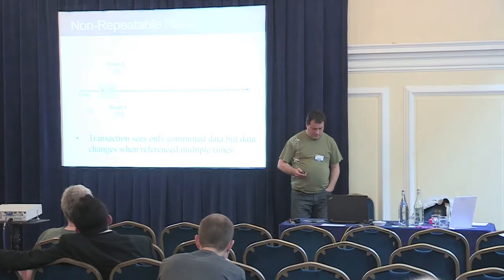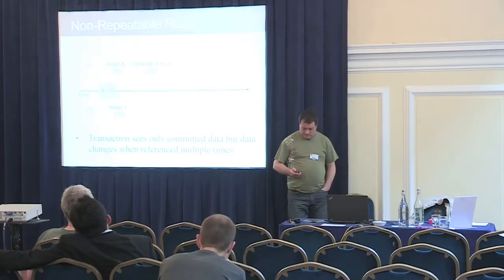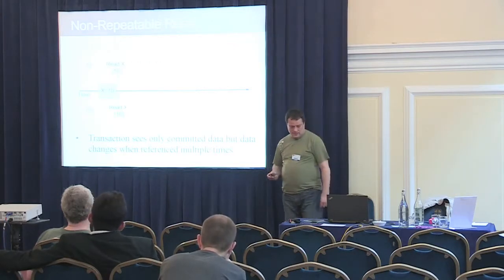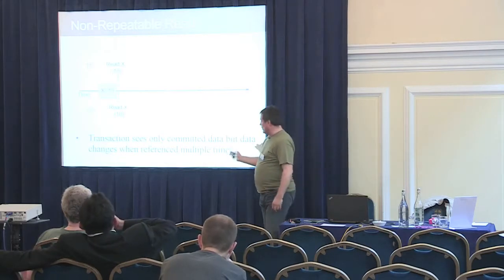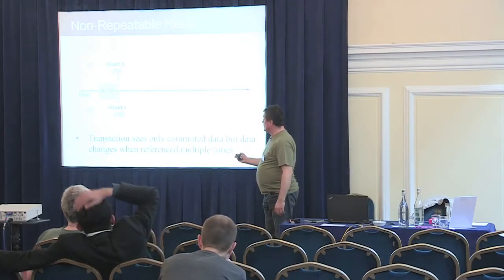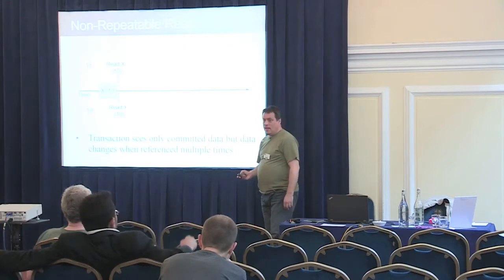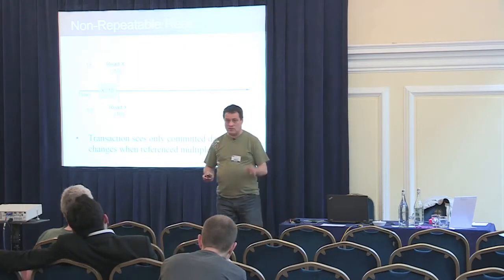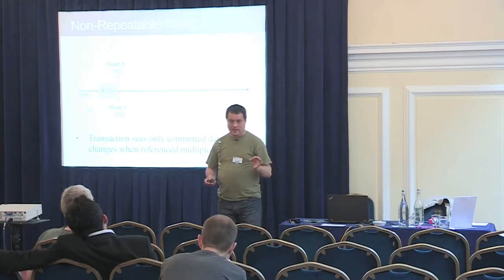So for example here, let's say this is the second application. You see, this was a non-repeatable read. And the second application wants to be sure that nobody will update data in between while the transaction is running.